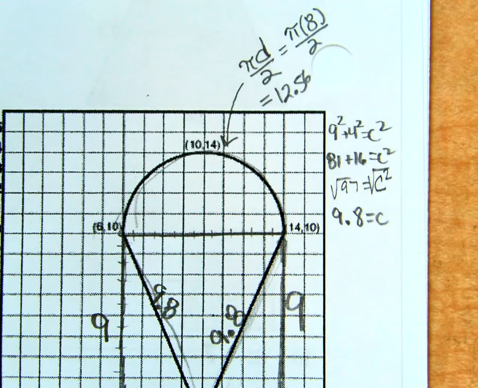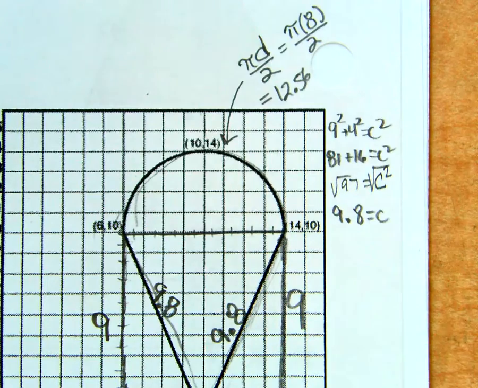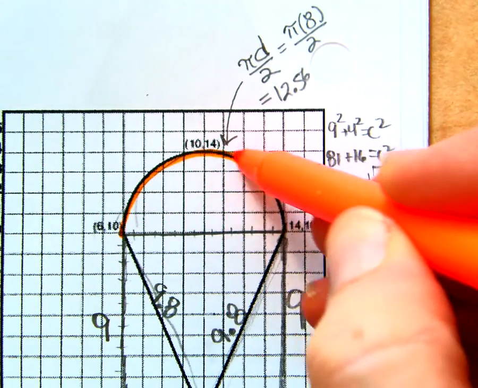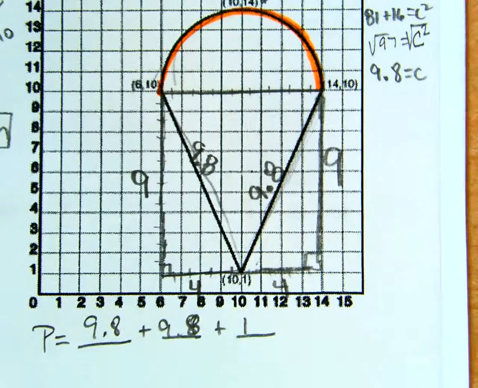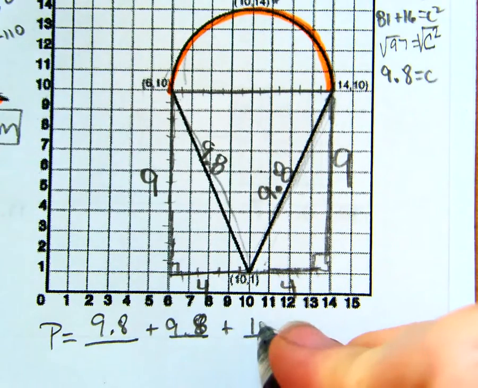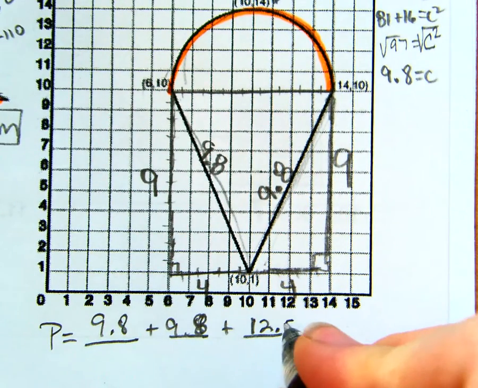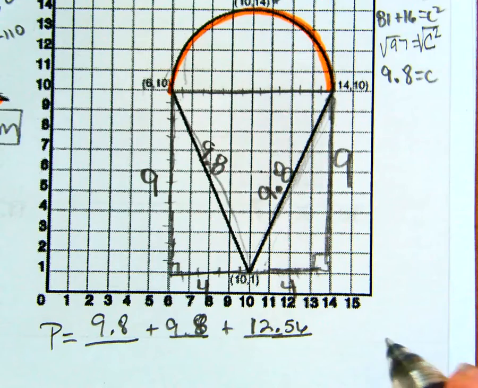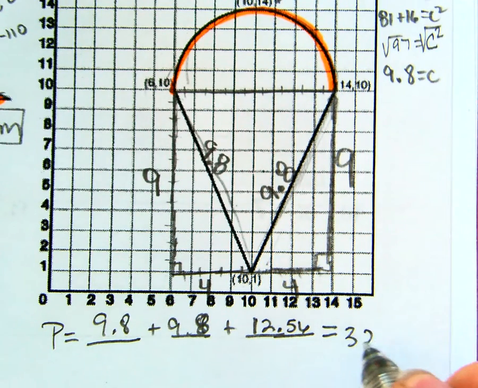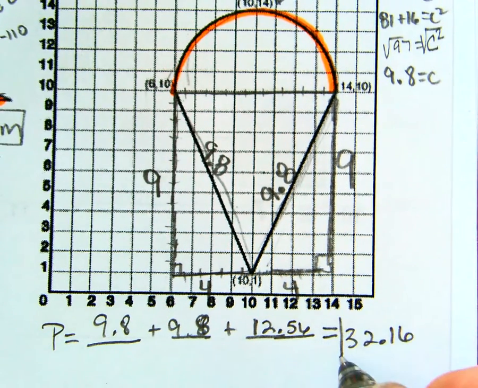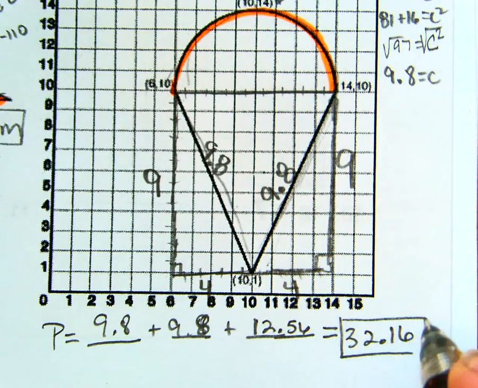So that 12.56 is this portion of this figure. All right. So here are the two pieces of cone. 12.56 for your ice cream part, and I end up with a perimeter that is 32.16. Right?